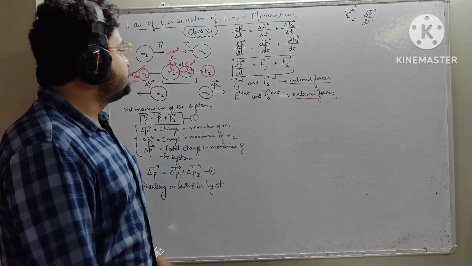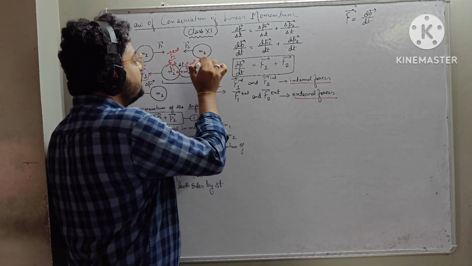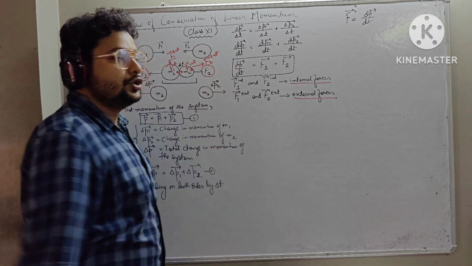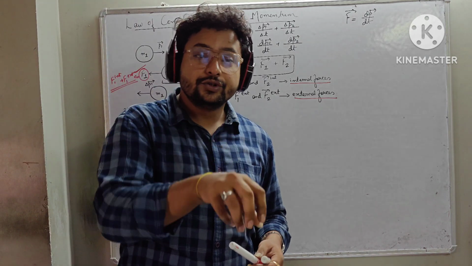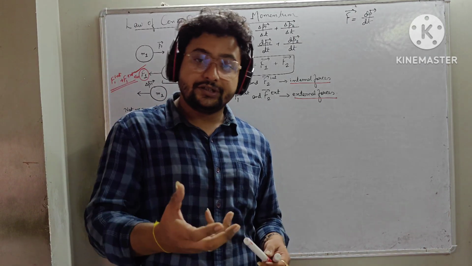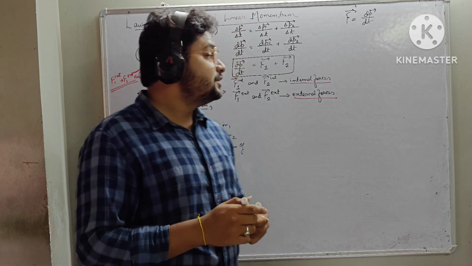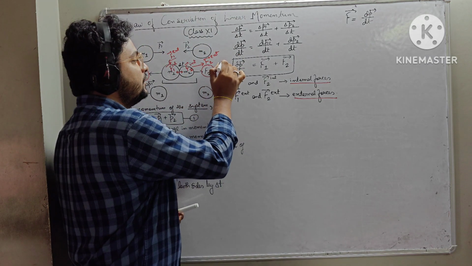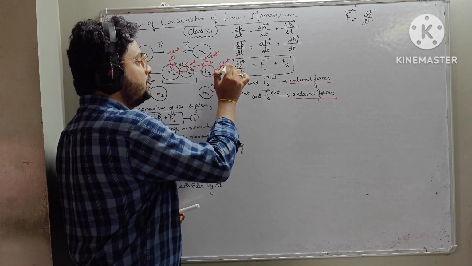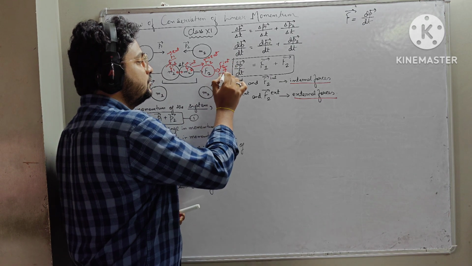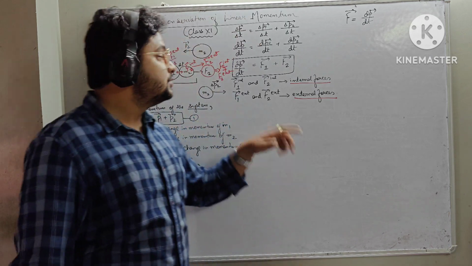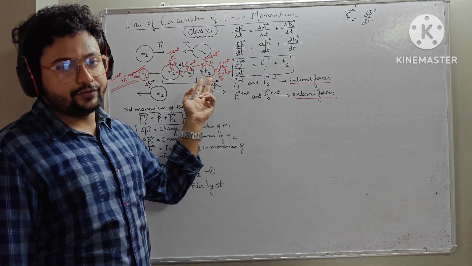And from outside also I have given a certain force, F2 external, from outside the system. The sum of these two forces is basically F2, which is F2 internal plus F2 external.